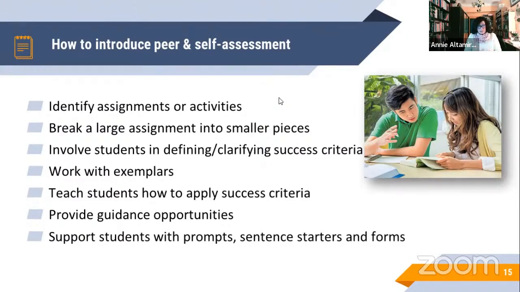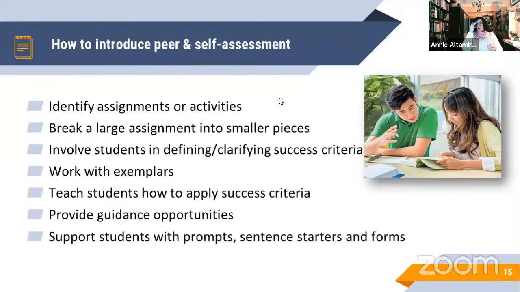Provide guidance and opportunities to apply the criteria. For example, applying the criteria to anonymous samples of work that you can collect from previous years. And ask the students to look at the samples and apply the criteria to the samples.